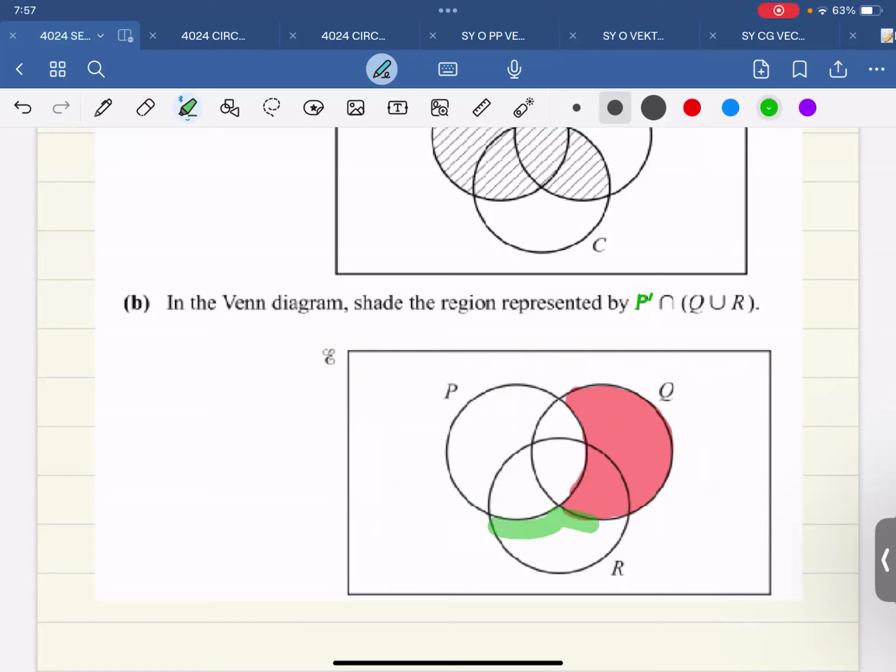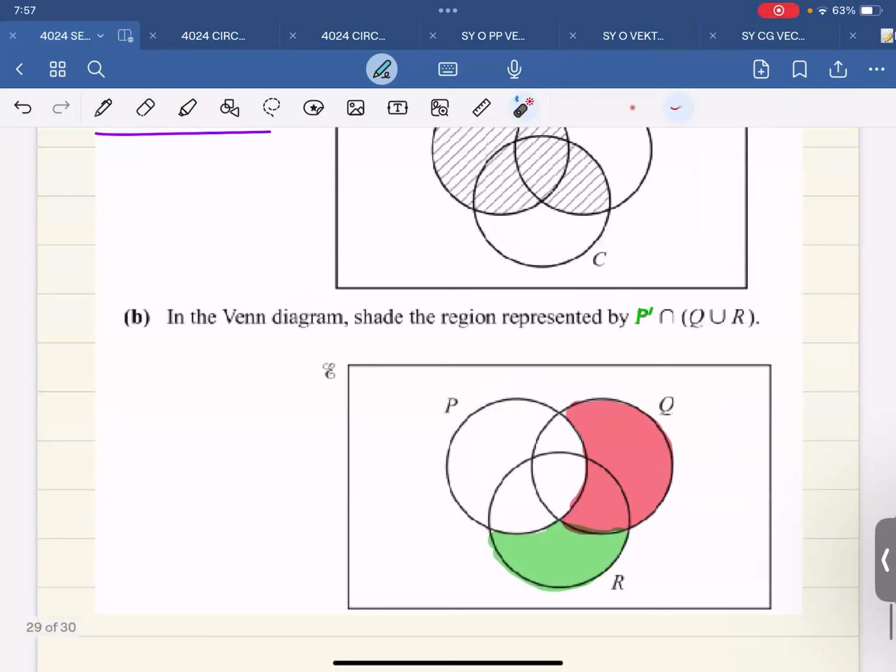It's one single region, just two colors that I'm using. P complement included this also, but it's not intersecting with Q union R. So P complement is this and this and this and this, but it has to intersect with Q union R. So this is what you choose. So this part is also done.